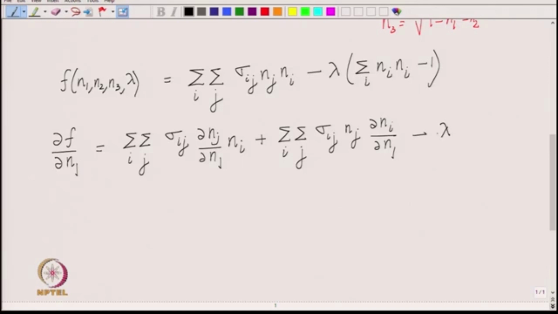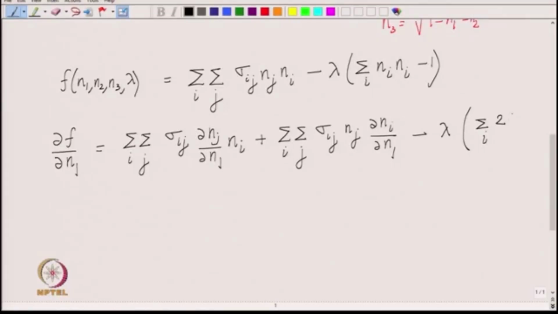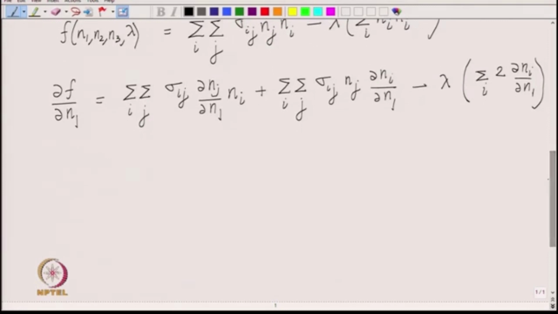lambda times, we have the summation term, and it is n i into n i, same thing appearing twice. So, you take the derivative, you get a 2. So, it is 2 times del n i over del n 1. Okay. So, that is what you have, and you have to set it to 0. Let us try to see what this really is. So, what will be del n j by del n 1?